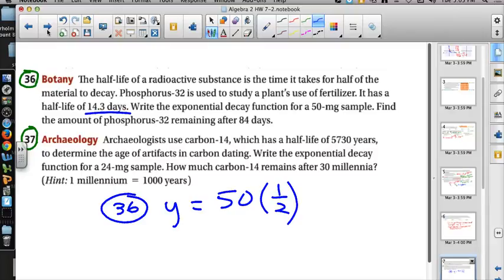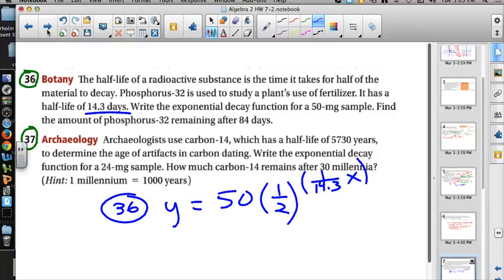Now, when our life expectancy is in years, we can just plop an x up there. But now we realize that each day is 1/14.3 of its life. So we can't just put x for life, we have to put 1/14.3 for the life expectancy here.